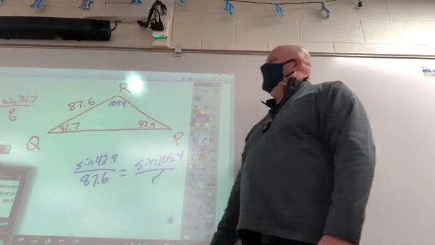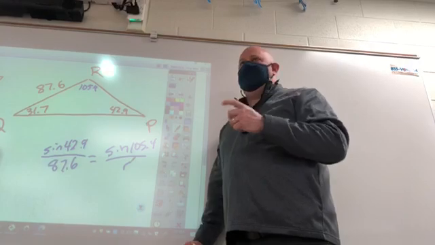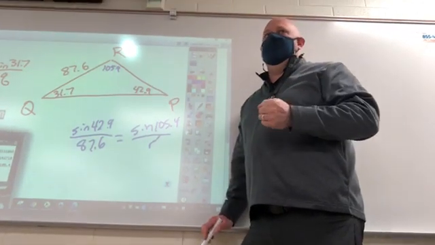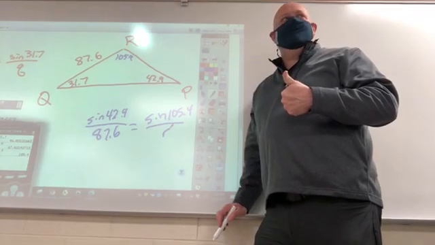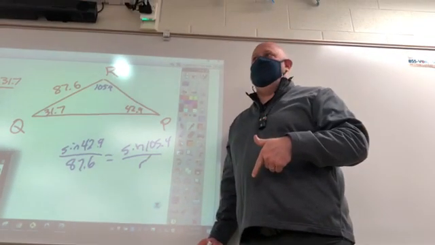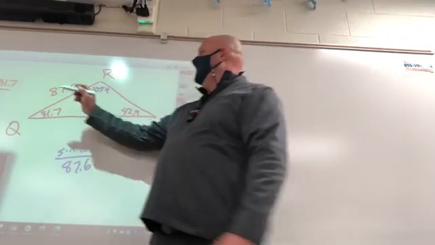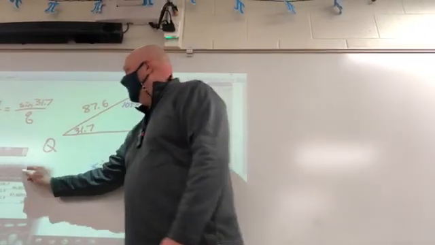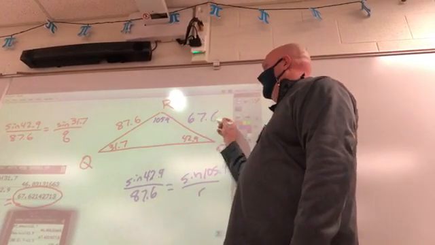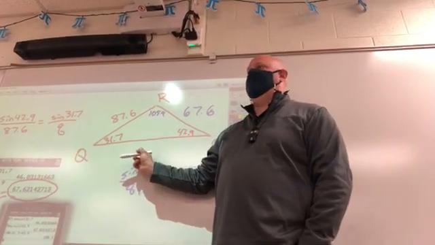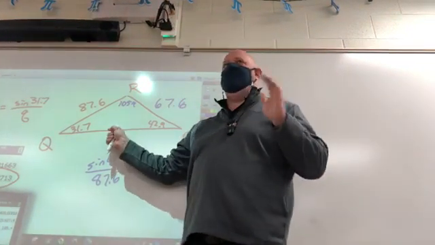is to little r. And again, when you're done, what are the two checks that you should always quickly go through to make sure things make sense? Biggest angle has to be opposite the biggest side. Smallest angle opposite smallest side. And the two small sides: if this is 87 and this is 67, what's the range of numbers that this side has to be?